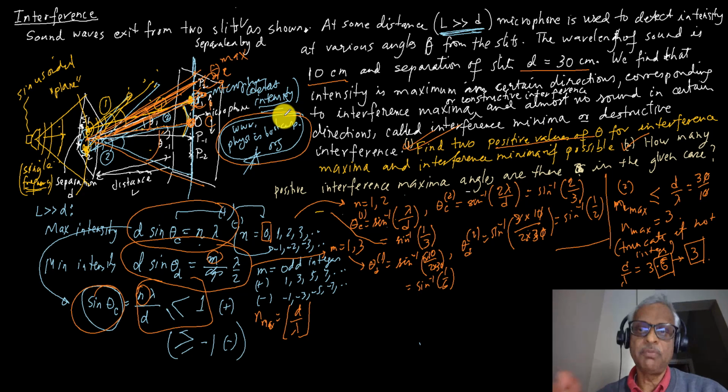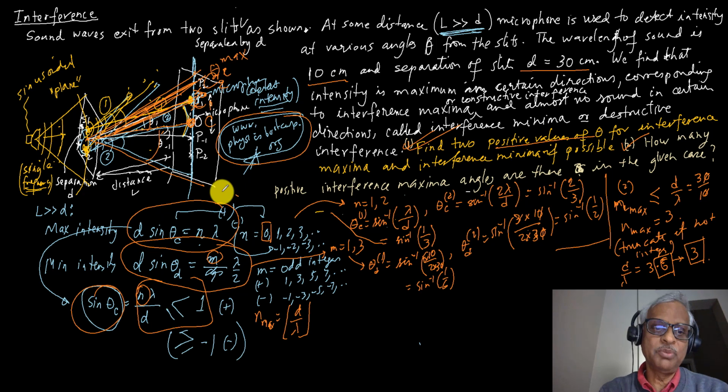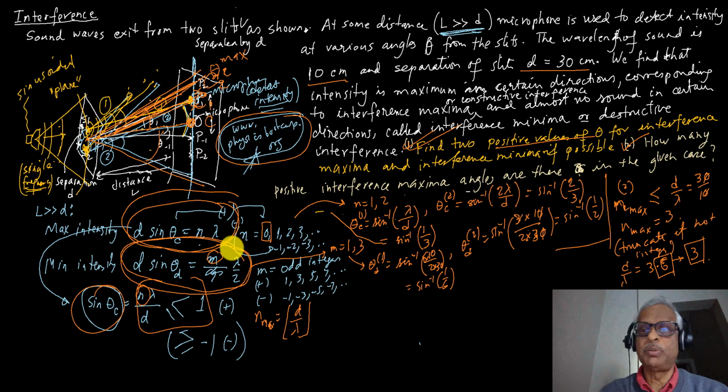Maybe I'll have one full lecture just talking about the math part of where the formulas come from, right? A lot of times when you're asked questions about interference, they really don't care about how you come up with these formulas. They care about you using these formulas correctly. Okay, so this should help.